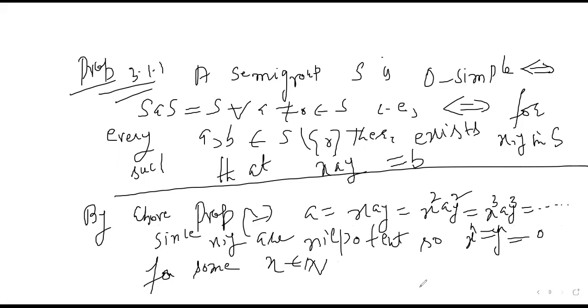So this means a equals 0. But a was chosen as a non-zero element, which is a contradiction.